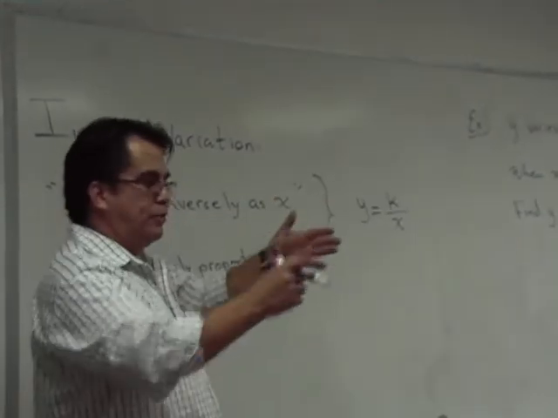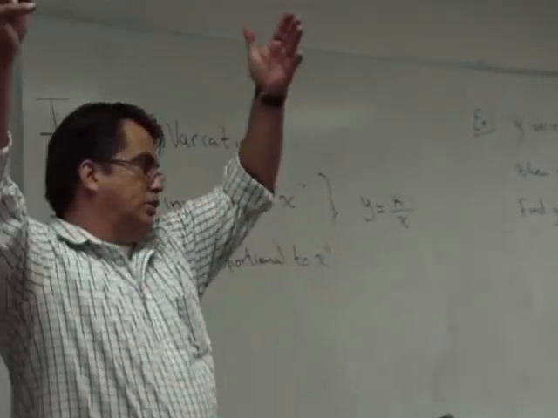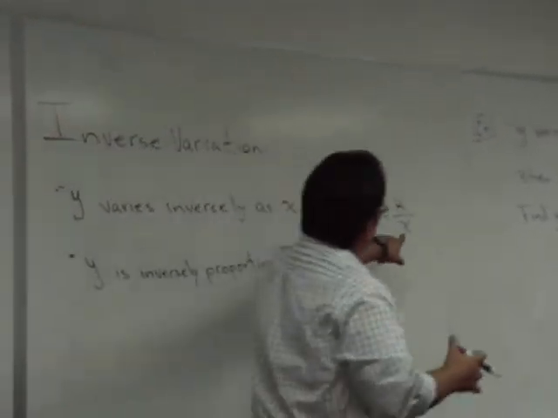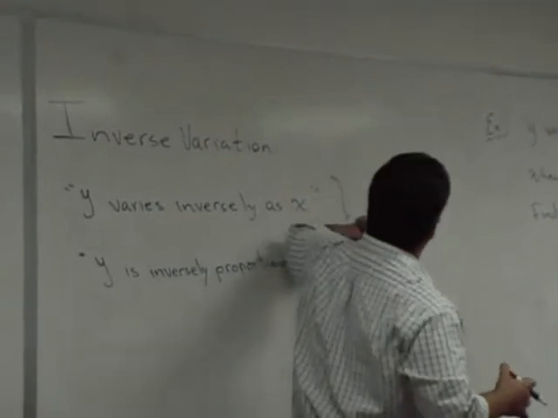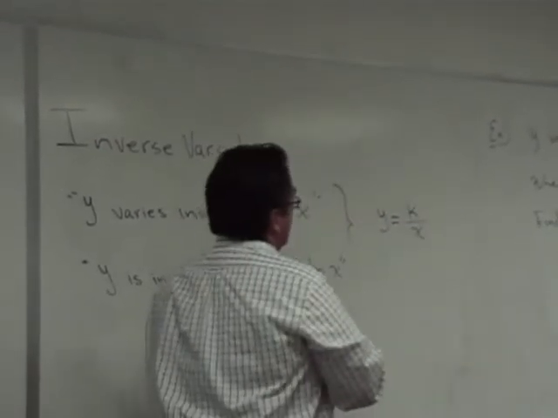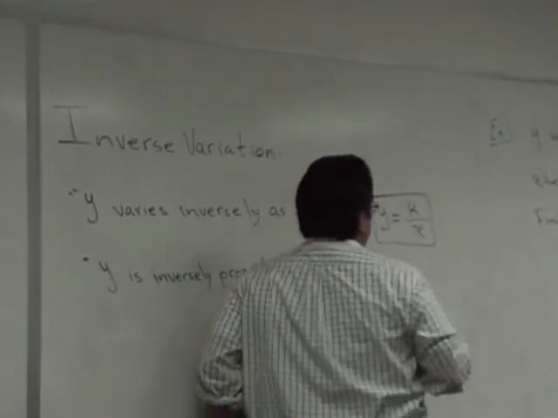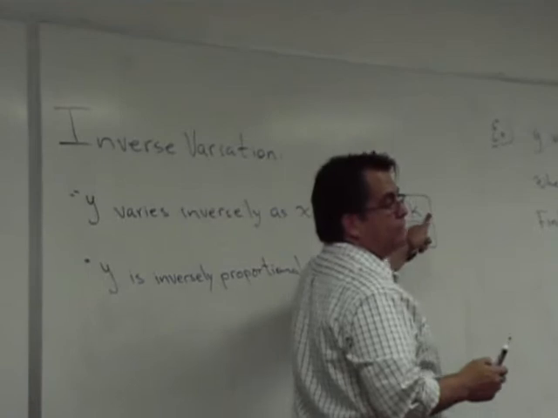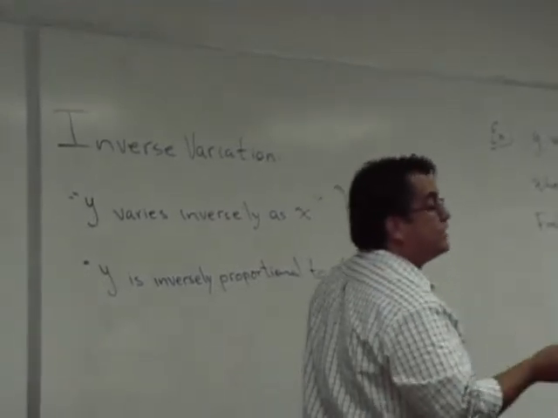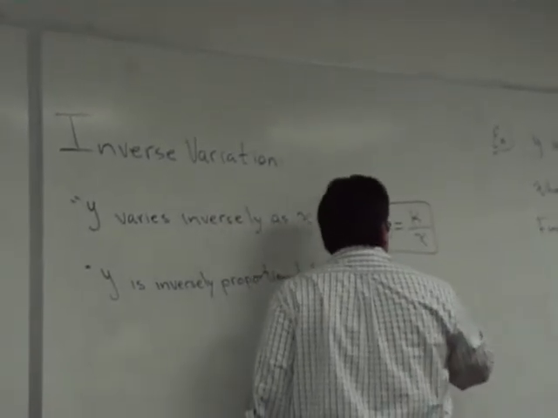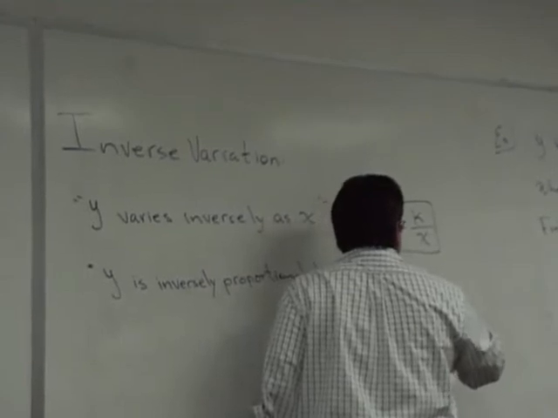In the previous examples, when x got larger, y got larger. Here, as one variable increases, the other one is going to decrease. So this is one way to write the equation. The other way is if you multiply by x both sides of the equation. An inverse variation is one in which the product of the 2 variables never changes.